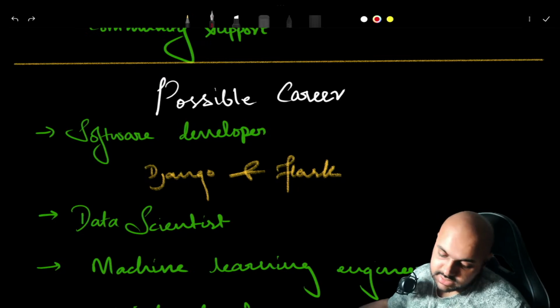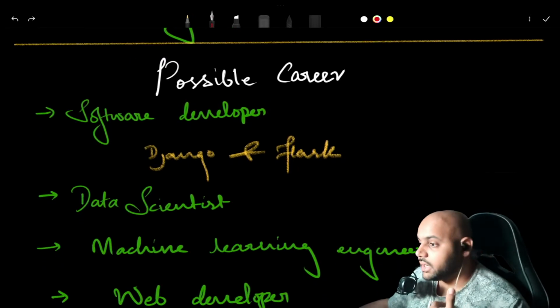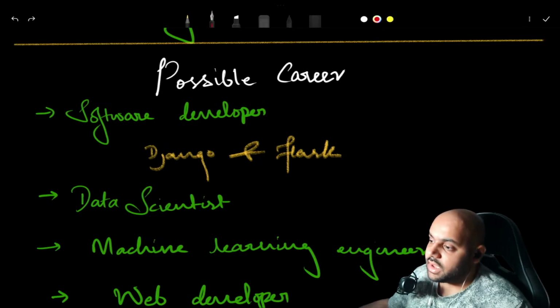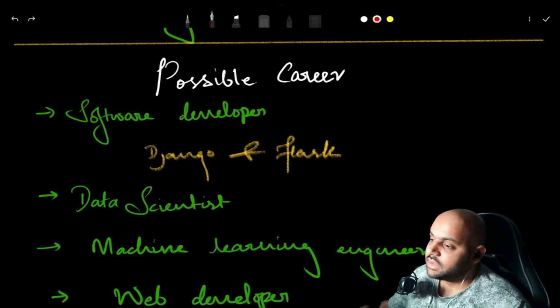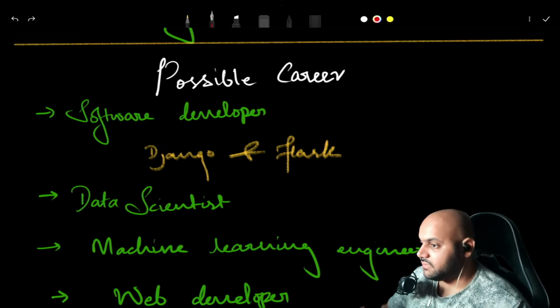Next is data science. Data science is what I do. I'm a data scientist myself, and our role is to analyze and interpret complex data to help organizations make data-driven decisions. The skills that we acquire are data analysis, statistics, machine learning, and we do it with the help of libraries that were built in C, but are used in Python, like pandas, numpy, scikit-learn, all these.